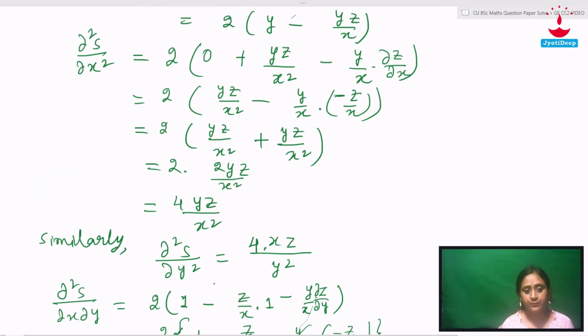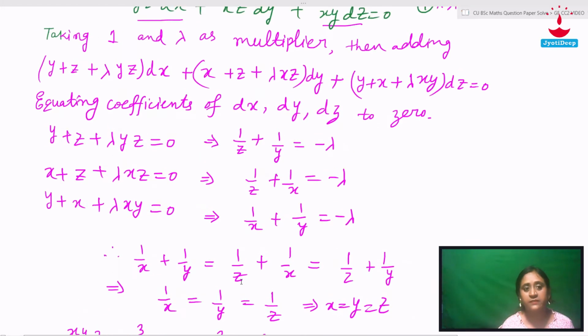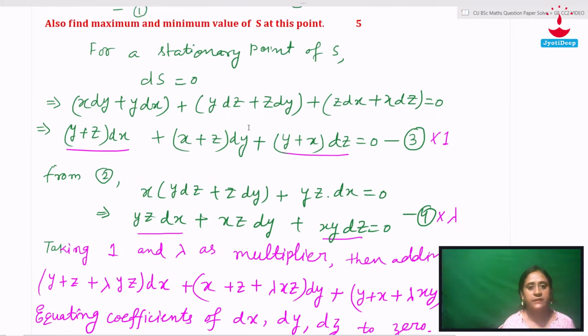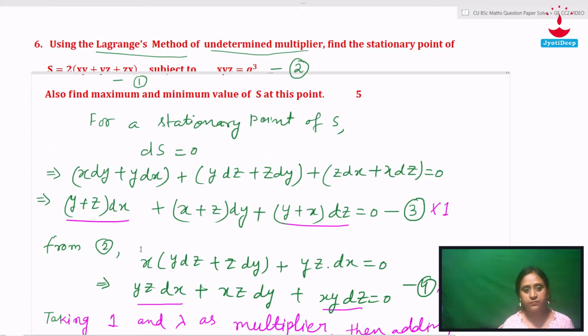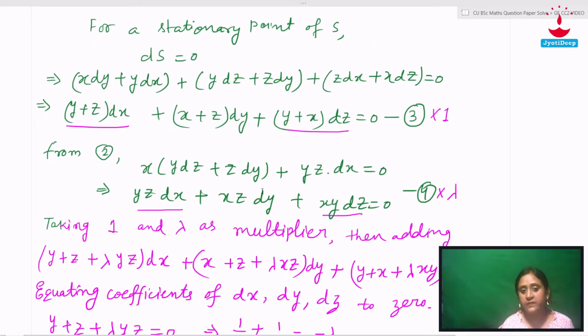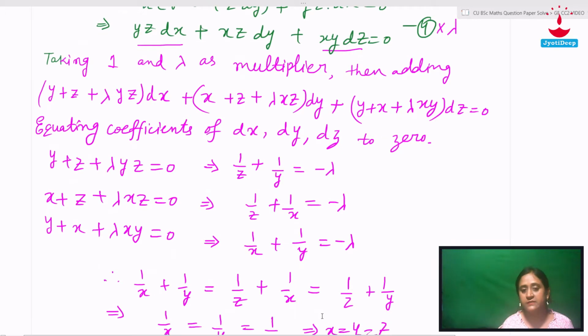So up to this what we did, we have taken ds0, we have differentiated these two equations, right? We have differentiated these two equations. Then we take these multipliers 1 and lambda, then equating coefficients, we got this results xyz equal to a.